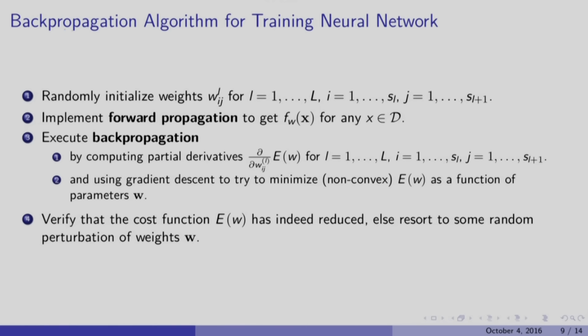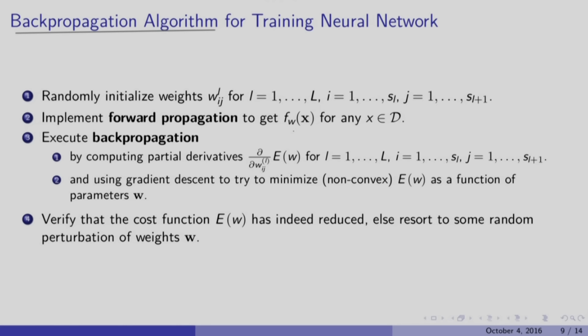The algorithm used for training the neural network is the so-called backpropagation algorithm. The idea is to randomly initialize the weights across all the layers, implement forward propagation to predict the function for any input, and execute backpropagation. You do this by computing certain partial derivatives, using gradient descent to try to minimize the non-convex objective, the error function as a function of parameters W, so that the cost function has indeed reduced.